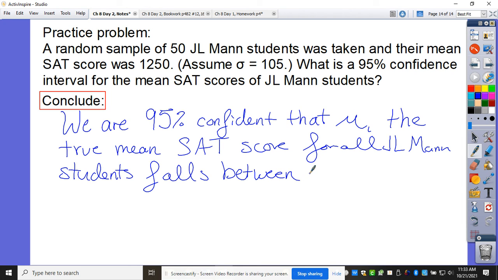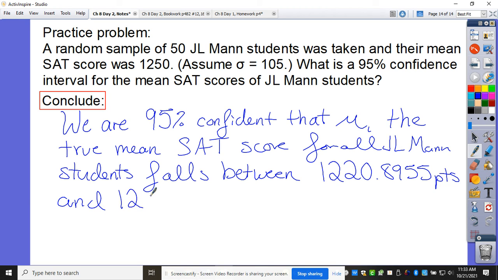And then what's our lower? 1,220.895. And what was our upper? 1,279.05.